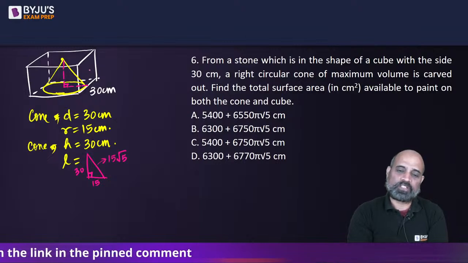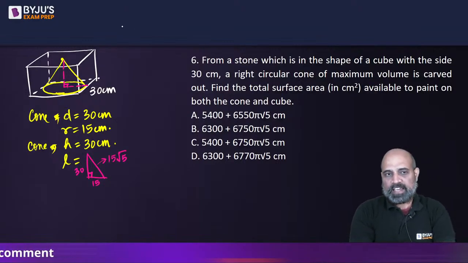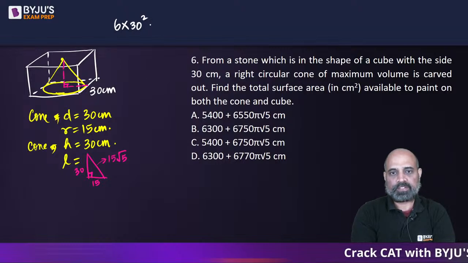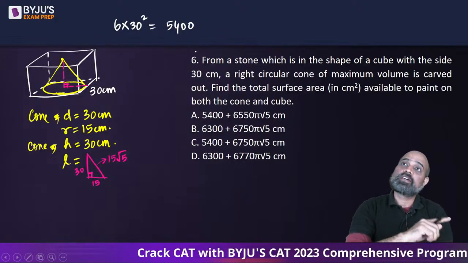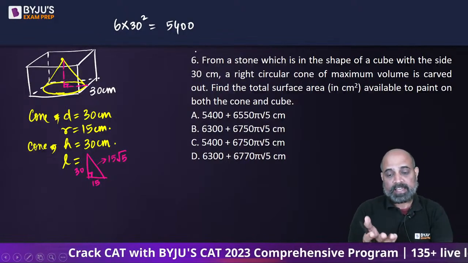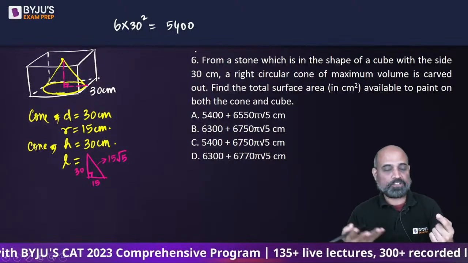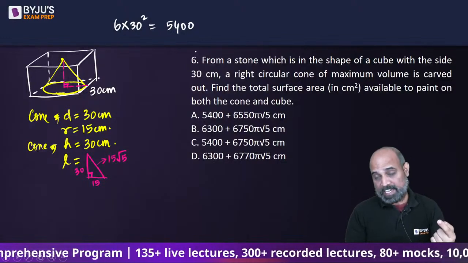So if you think about this, this is going to have the surface area of the cube, which is going to be 6 times r square, right? That will result in 9 into 6, 5,400. Now this will also include the circular component. If I consider the cone and the cube, the cone will have the flat surface, the circular base, which has to be painted.